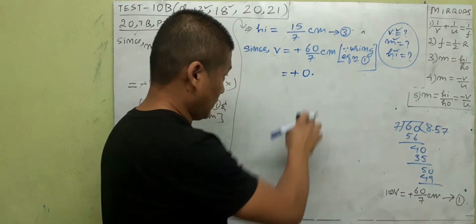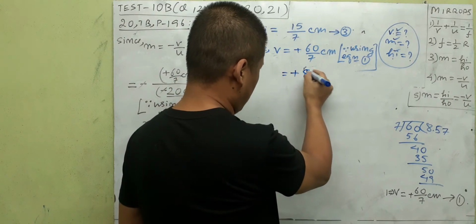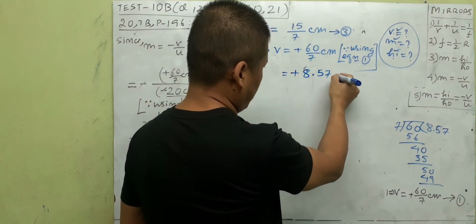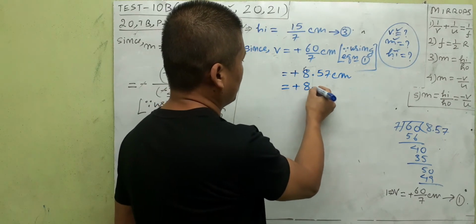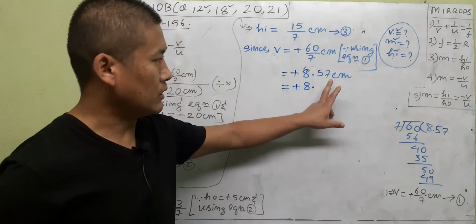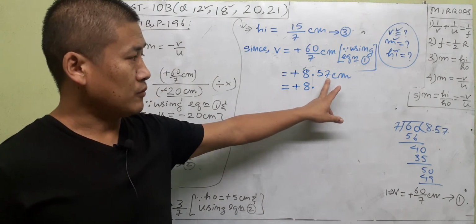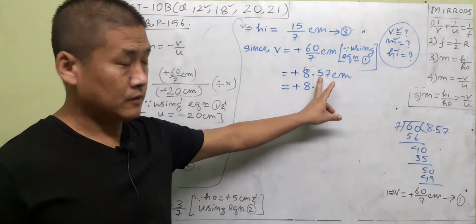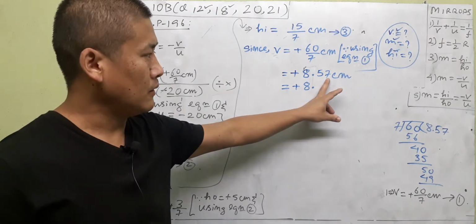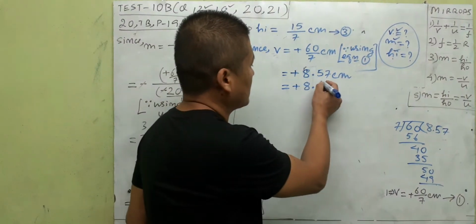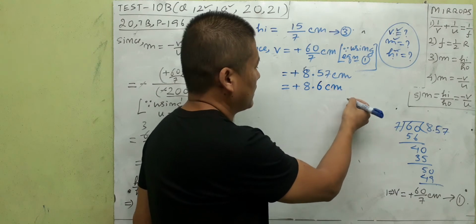So second place of decimal, 8.57 centimeter approximately. So we'll write this one as 8 point. This is what your textbook is normally doing. Second place is 5 or more than 5, then this will increase first place by 1. So second place is 7, which is 5 or greater than 5, so this will become 6, approximately this much.